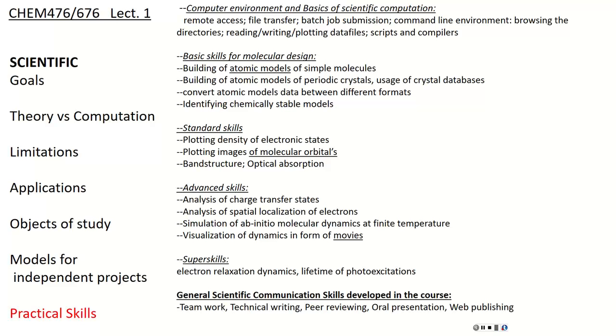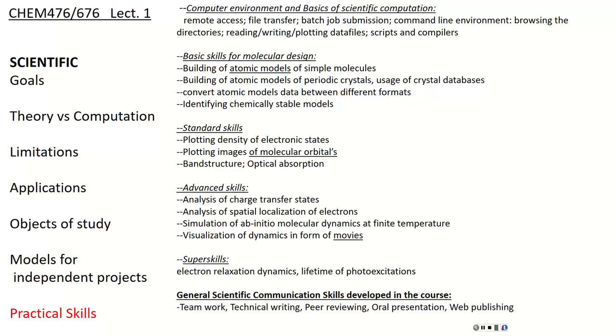Building models, optimizing. If you have time, we can also include in the first chapters the transition states search and normal modes, but it will be like icing on a cake if time allows. Then there will be a minimal standard set of skills for plotting density of states and orbitals.